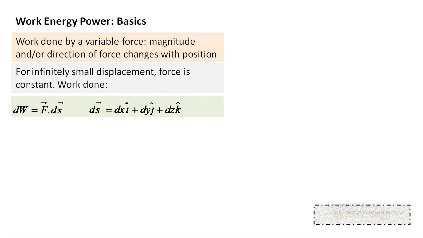Work done will be equal to dW, work done also will be small, equal to F dot ds, ds is the displacement. And in vector form, if the displacement can have component in all three directions, dx is the displacement component in x direction, similarly y direction and z direction. So displacement ds or dr can be written as dx i cap plus dy j cap plus dz k cap.